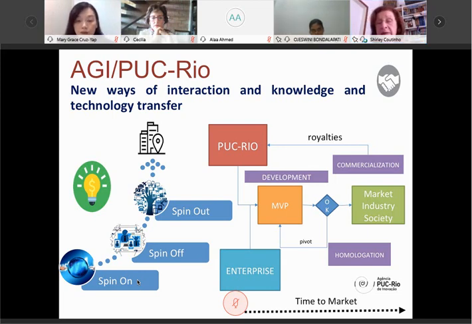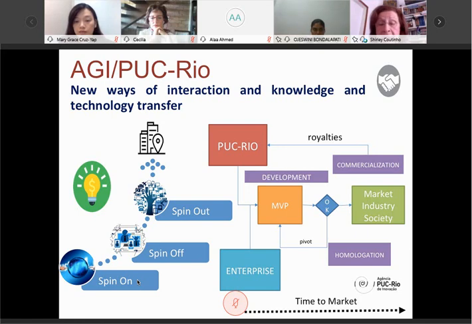At the end of this time, if the enterprise succeeds in taking the technology to the market, it starts paying royalties. If not, it pays an amount of money for the time it was given the exclusivity to try to analyze and to take the technology to the market.